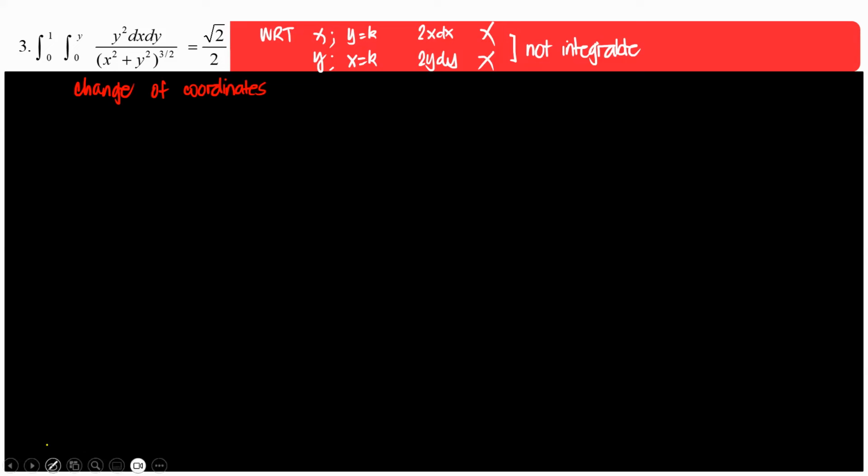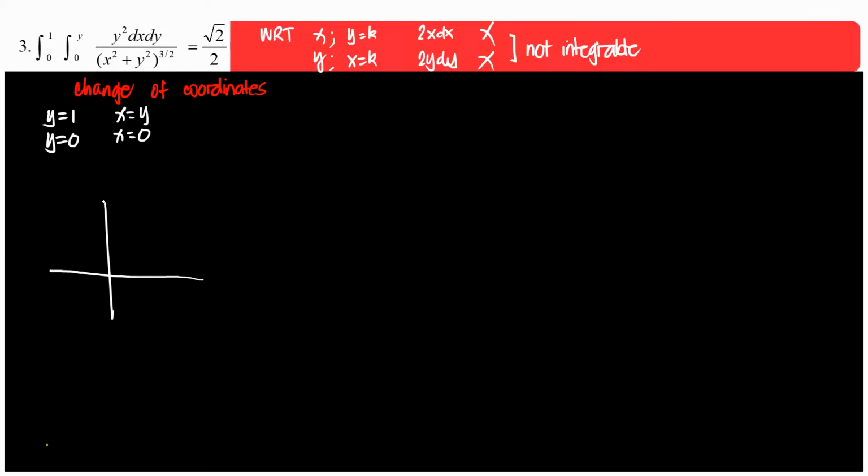When we change coordinates, it's important again to look at the limits. The limits are x is 0 up to x equals y, and y is 0 up to y equals 1. So let's draw those.